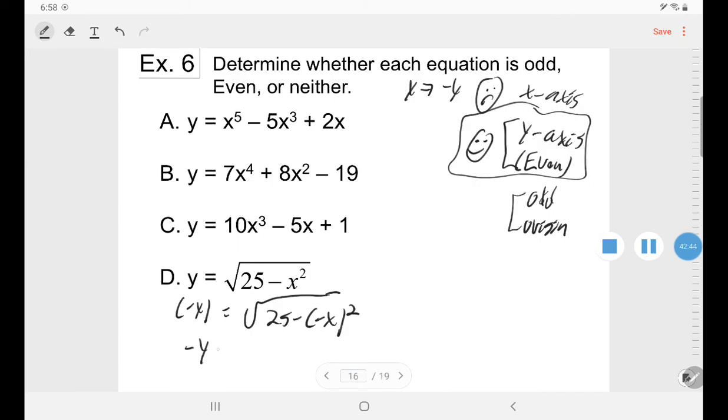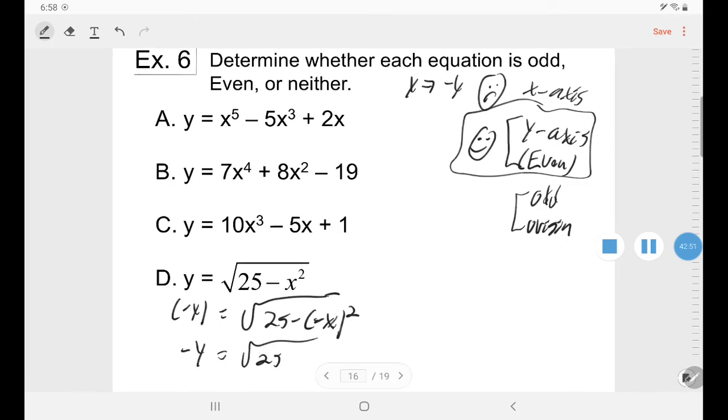Well, that's going to change to a negative y. 25 is the same. A negative x squared is positive times this negative. It's negative, so the signs on the square root part were the same, but the signs on y, no. So part D only has, it's an even function.